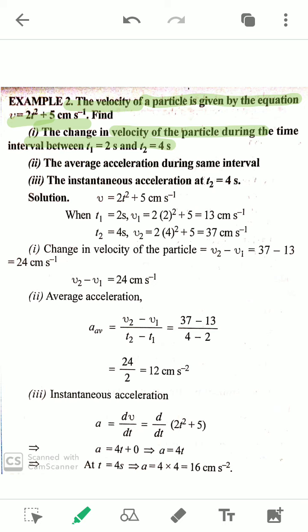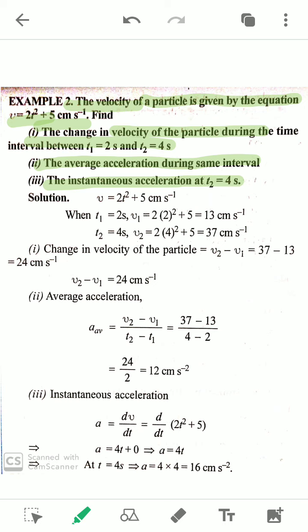In that case, what is the velocity? Second, we calculate the average acceleration during the same interval. And third, the instantaneous acceleration at 4 seconds. Okay, so you also solve it by a similar process.